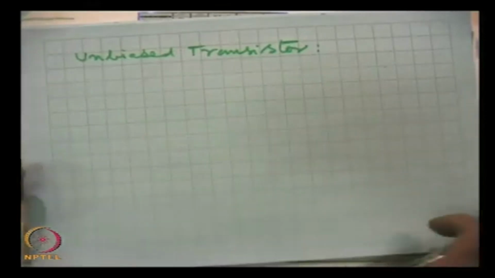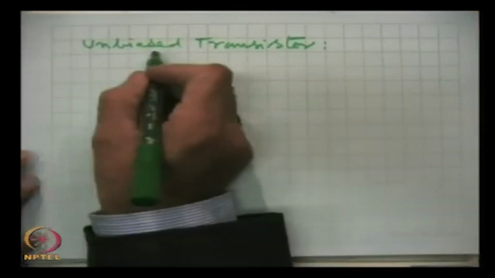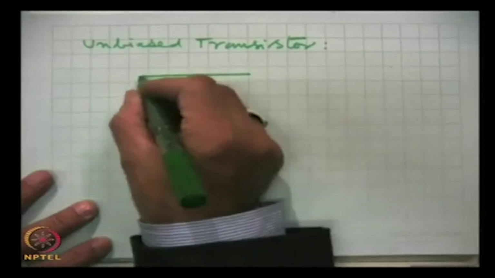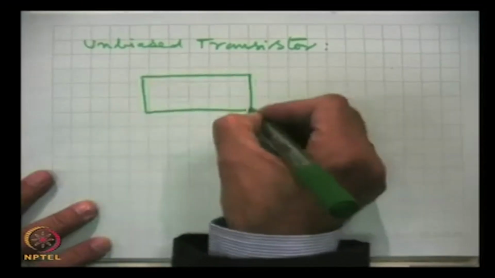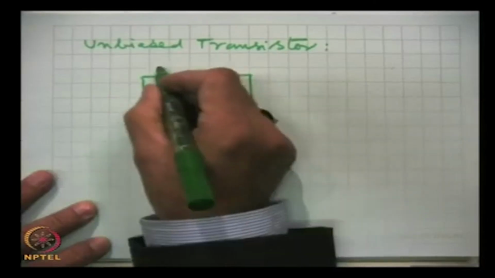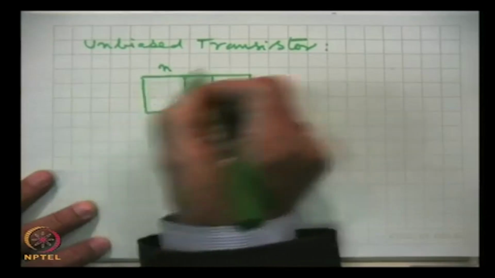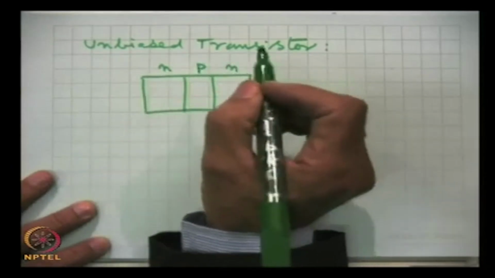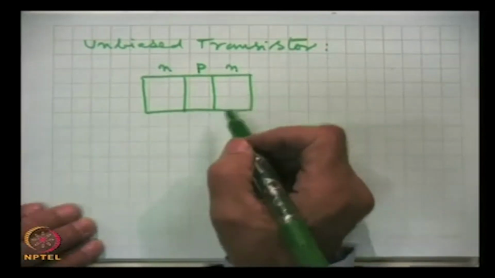Unbiased means that there is no external voltage applied to the device yet. So, let us see what happens. Here, this is the N emitter, this is the P base, and this is the N collector.